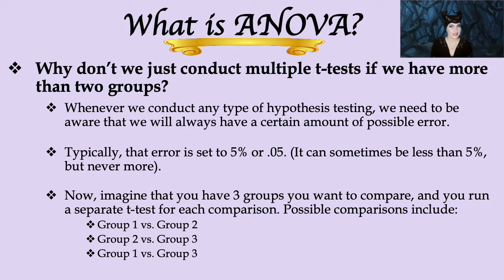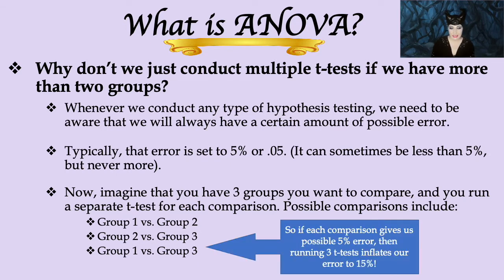Now, if each t-test is going to give us a 5% chance of error, 5% error multiplied by 3 different t-tests is going to inflate our error to 15%. And no research study is going to be acceptable with that much error.